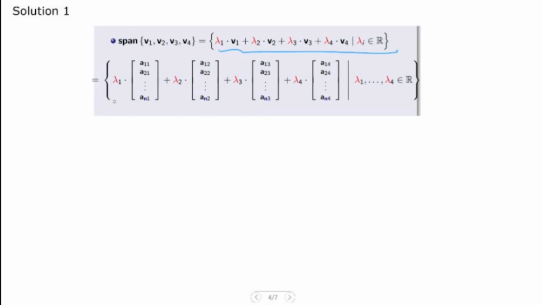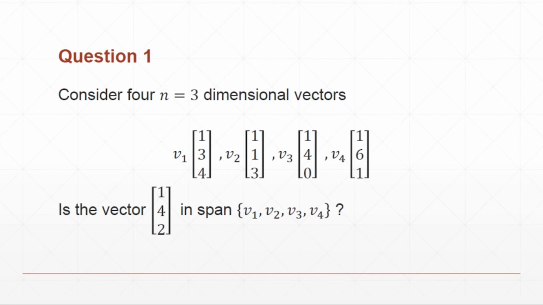If you display the vectors, this is how it looks. Now let's put our vectors into this. What the question asked was: is the vector 1, 4, 2 in the span of the set v1, v2, v3, v4?